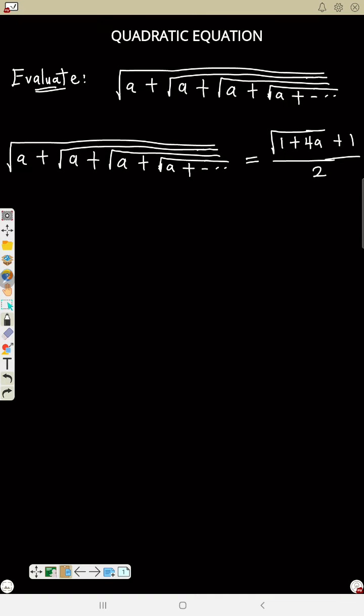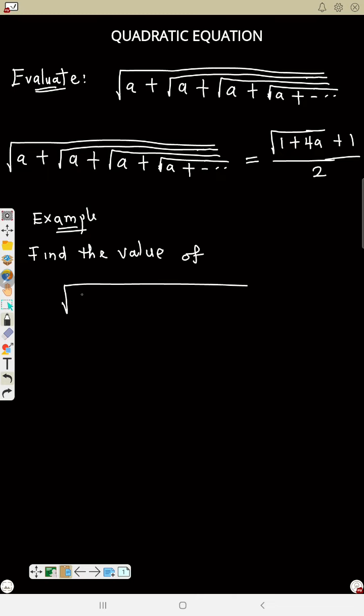So let's say, for example, find the value of square root of 6 plus square root of 6 plus square root of 6 plus square root of 6, continuing like that.